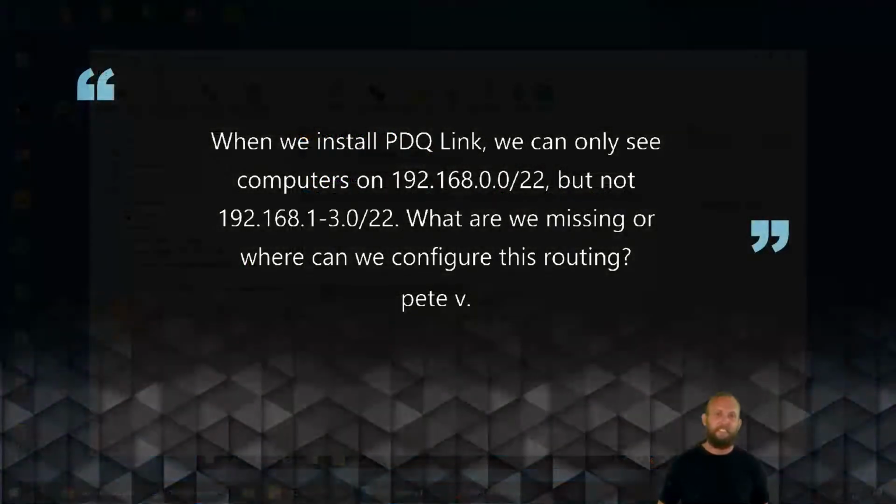Dear Josh, when we install PDQ Link, we can only see computers on 192.168.nerd, but not 192.168.blah. What are we missing, or where can we configure this routing? Pete V. So Pete, I'm going to assume that you are in the de facto split tunnel. So remember when we talked about that RAS out of the box uses class-based routing?